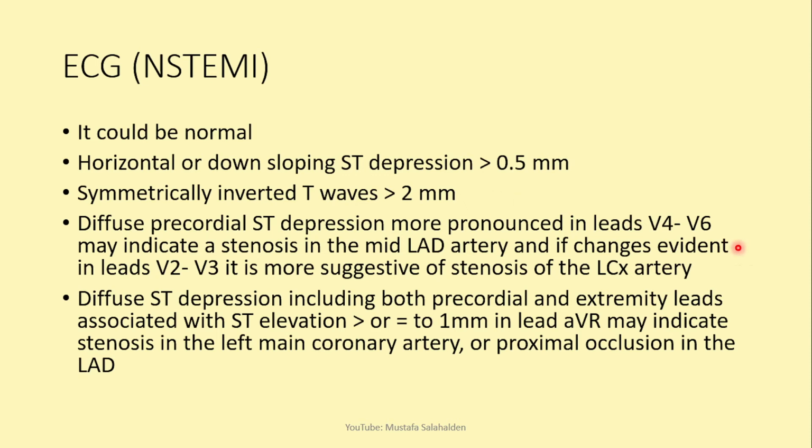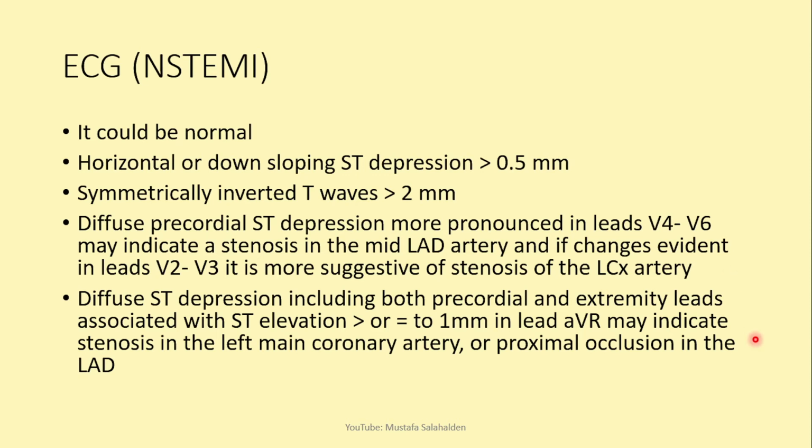If there is diffuse precordial ST depression more pronounced in leads V4 to V6, this may indicate a stenosis in the mid left anterior descending artery, and if the change is evident in leads V2 to V3, it is more suggestive of stenosis of the left circumflex artery.